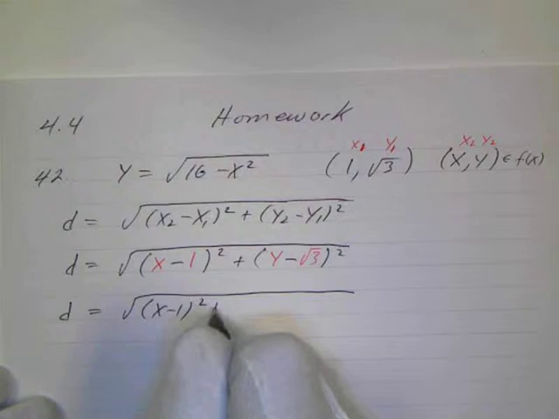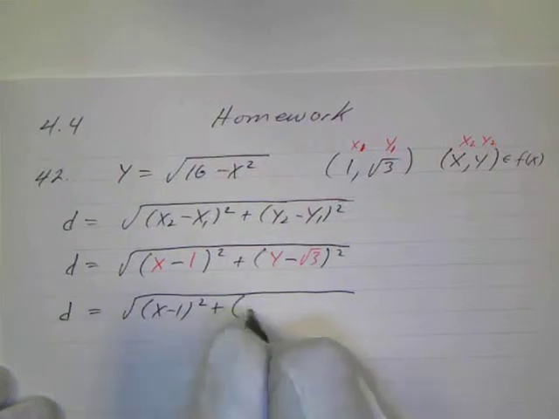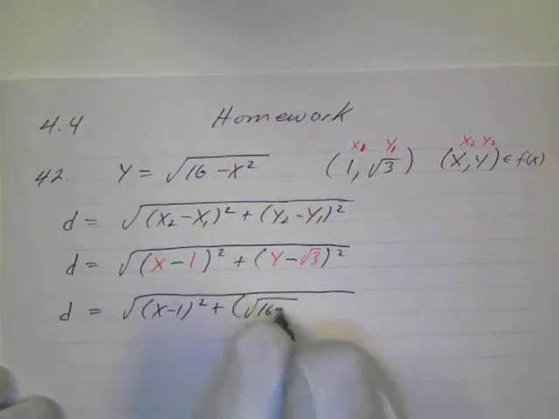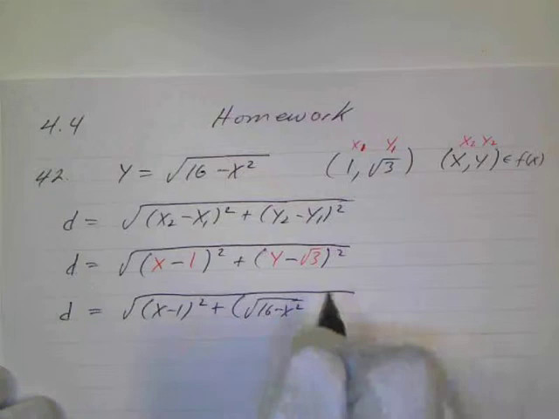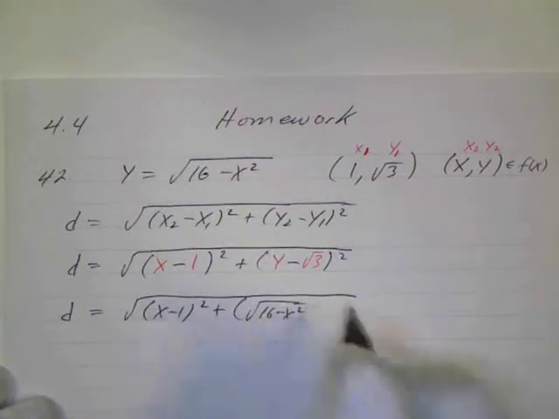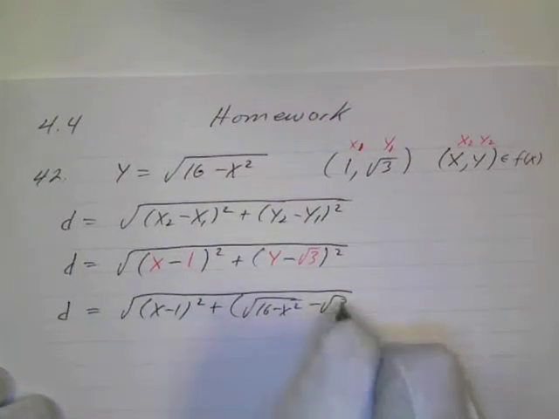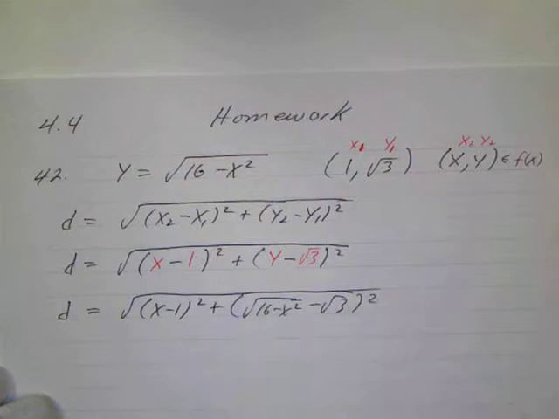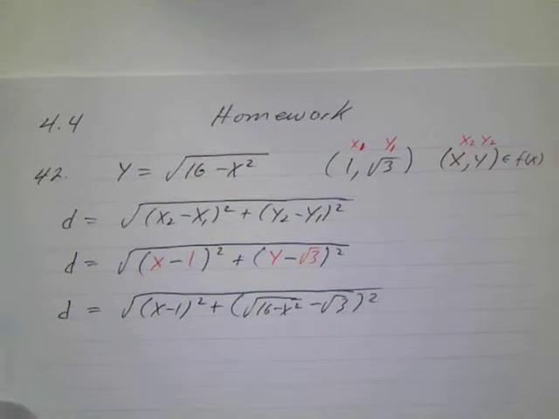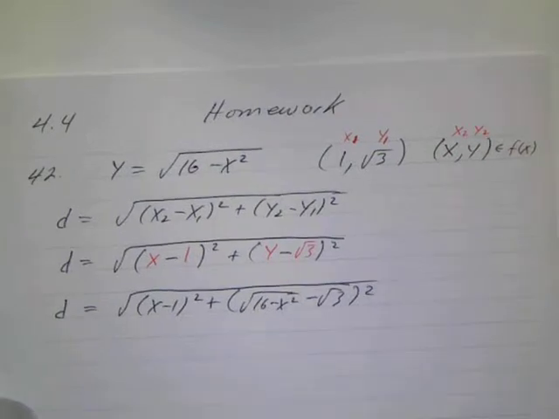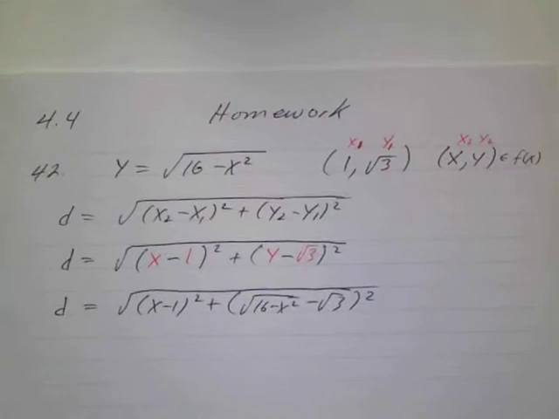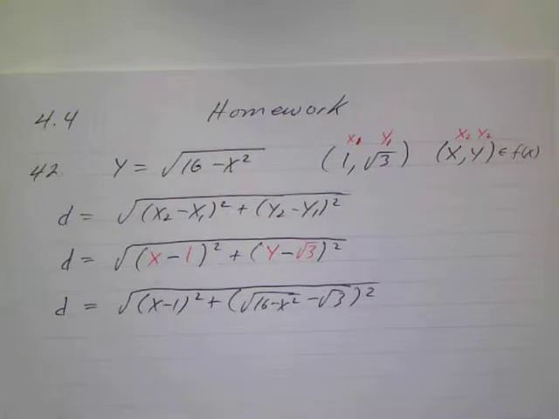Plus the square root of 16 minus x squared, that's y, minus the square root of 3, all squared. And as Dale Dribble would say, not a pretty picture. So we've got to square all this out, and these aren't going to combine or simplify like some of the nice ones I've been giving you on your quizzes. So we're going to have to work a little bit at this one.